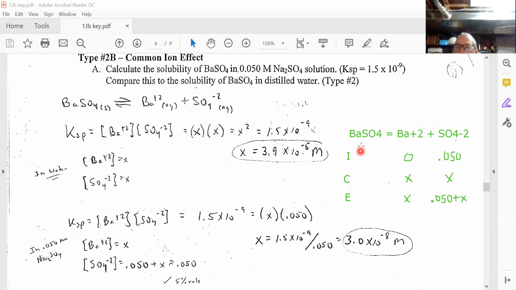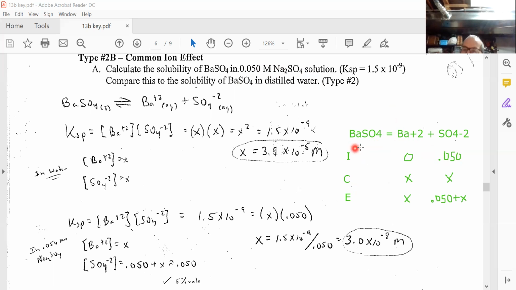So what happens is we have initially, this solution has 0 Ba+2, but it does have 0.050 molar SO4. Notice if I were talking about sodium, it would be twice that amount because it's a 2-to-1 ratio, but we're not. It's 0.050 molar in our SO4-2.